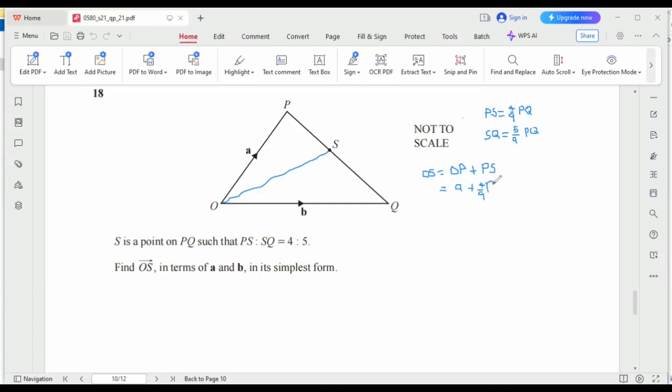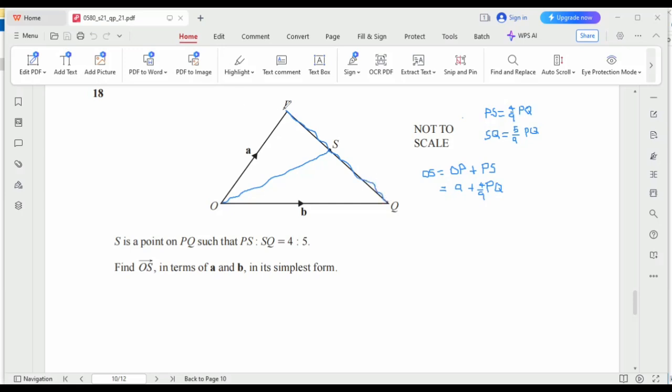So now let's find PQ. How do we find PQ? Just like the same way I explained finding OS, you want to go from P to Q without going through the straight line.